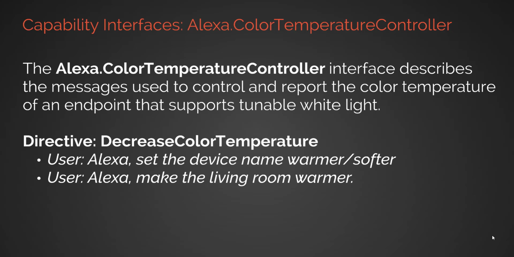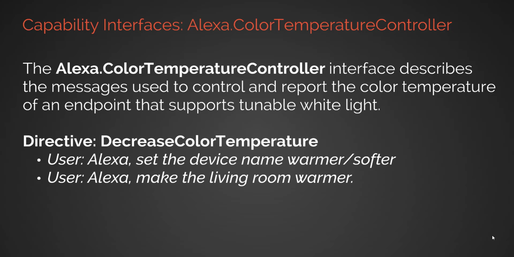I know that former slide was a little abstract, so it usually helps to see an example. If you look down at the bottom of the slide, you have: Alexa, set the device name, whatever that is, warmer or softer. Alexa, make the living room warmer. You can imagine that you have a setting on your light which is a little dimmer.